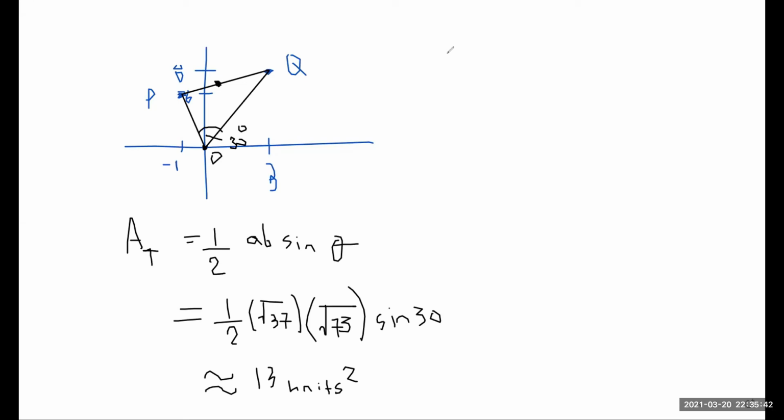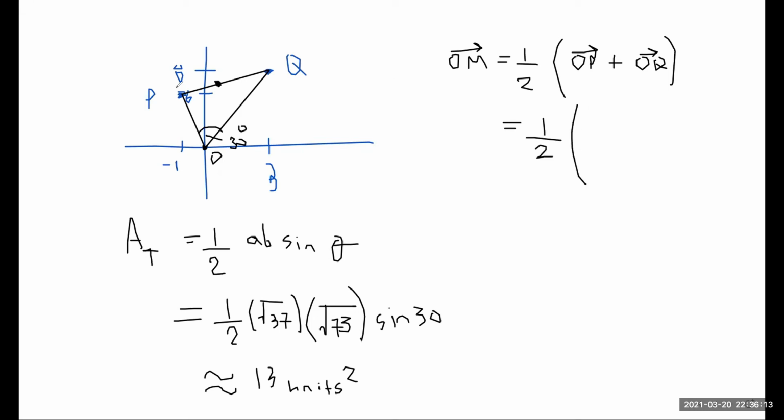Remember, to find the position vector of the midpoint, OM is equal to a half of OP plus OQ. That's how we find the midpoint. A half of OP plus OQ will give us the midpoint.